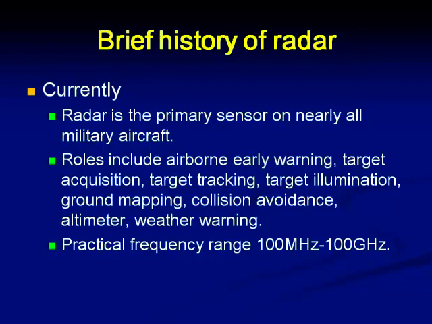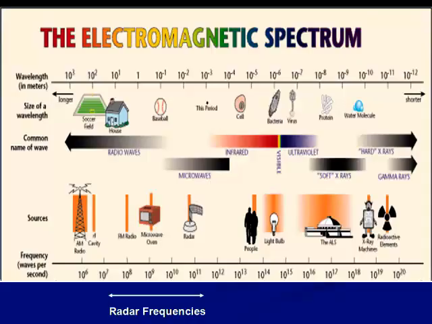Generally, the frequencies used for these applications range between 100 megahertz to even 100 gigahertz. So in the electromagnetic spectrum, these radars are used in the frequency range of 10 power 7 hertz to 10 power 11 hertz as shown in the diagram.